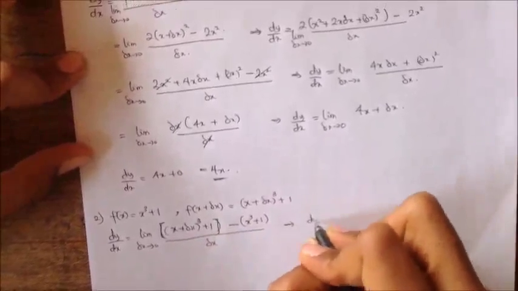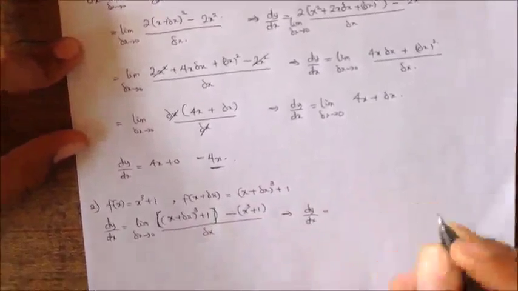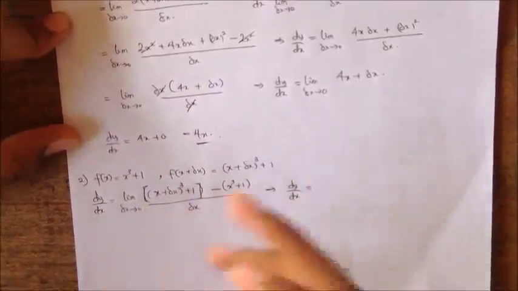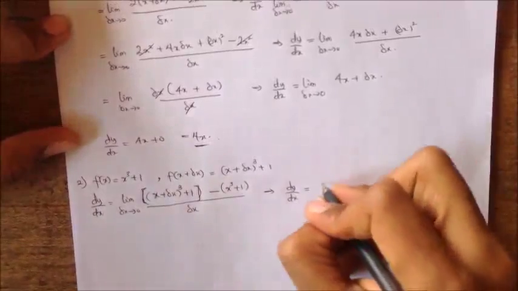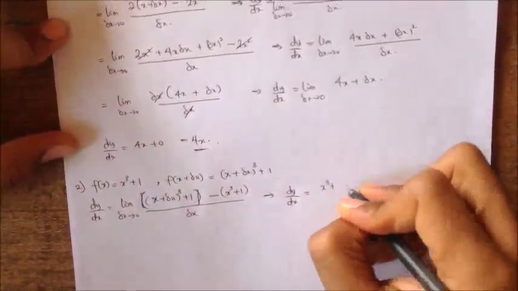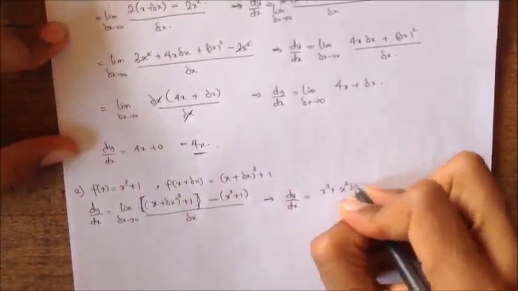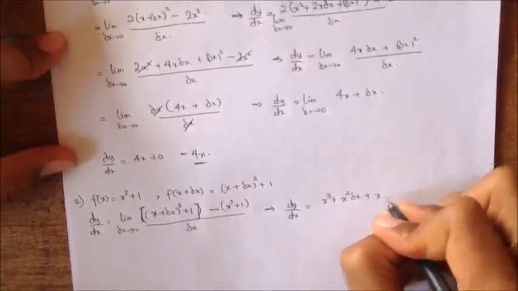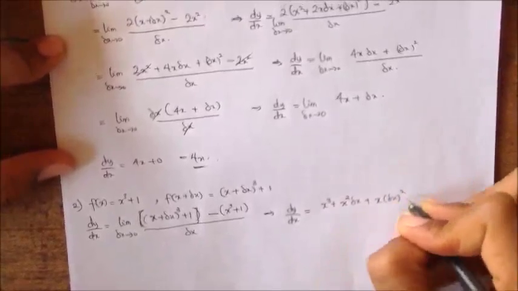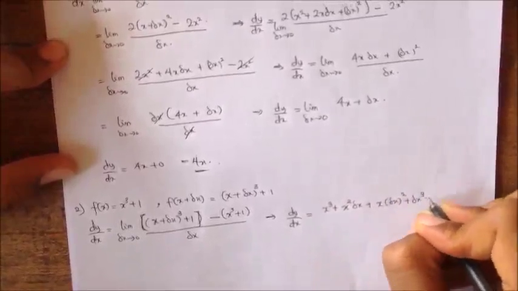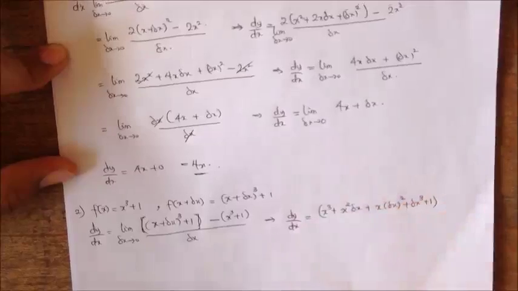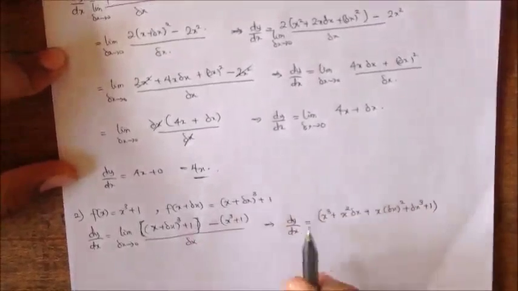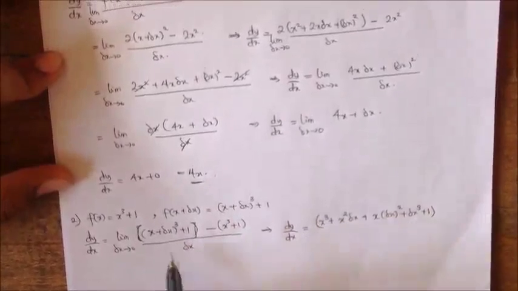So this means my dy dx equals, I open this bracket by expansion. We know how to expand brackets. If I expand this bracket, it's going to be x cubed plus 3x squared delta x plus 3x delta x squared plus delta x cubed, plus 1. We are going to have 4 terms from the expansion, then plus the 1 outside.